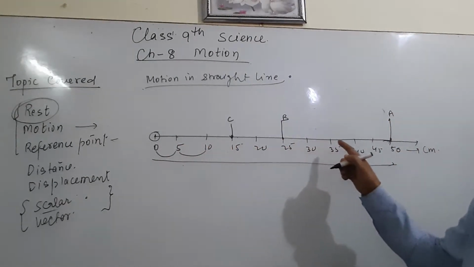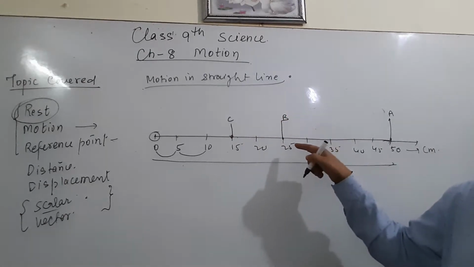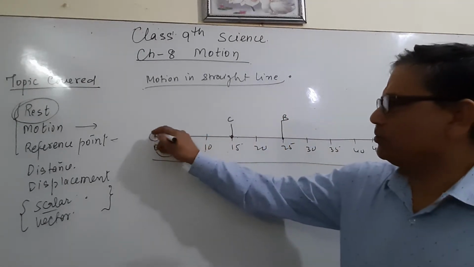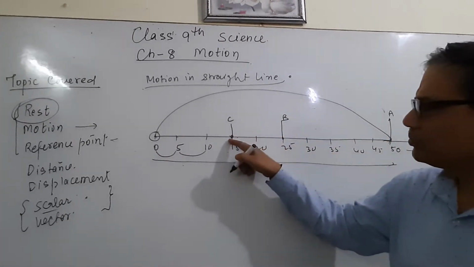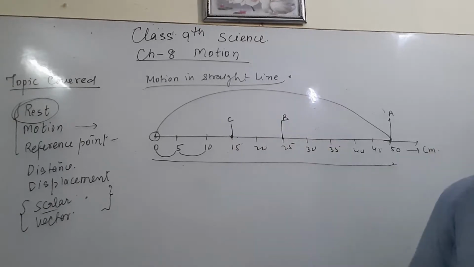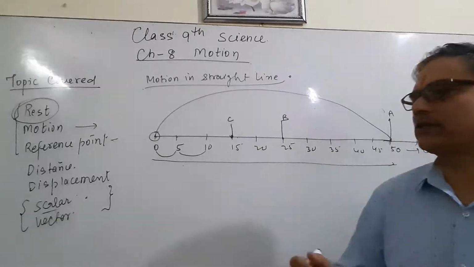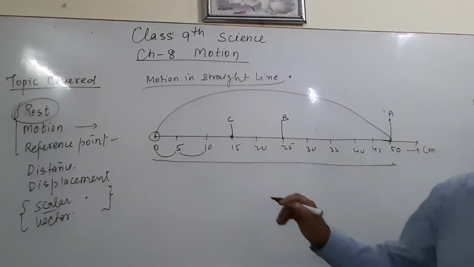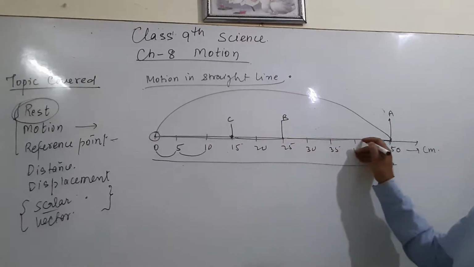Now, if a person starts from the reference point O and moves toward A through C and B, then he covers some path: from here to this, from this to this.